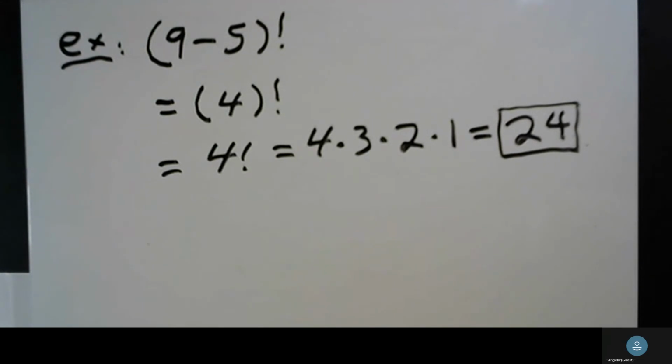And so the answer is 24. So any questions about factorial? I have 2 other properties to show.